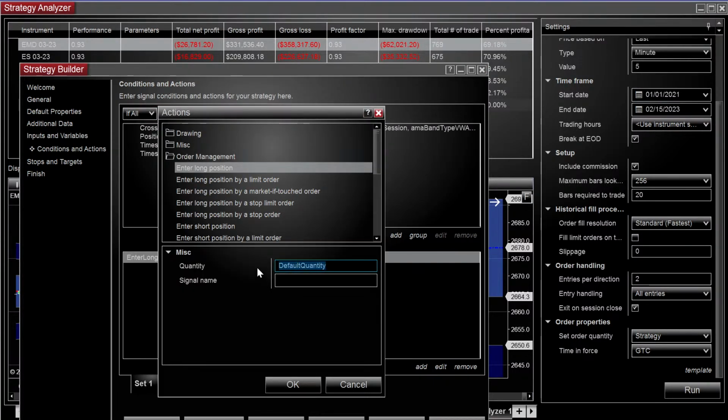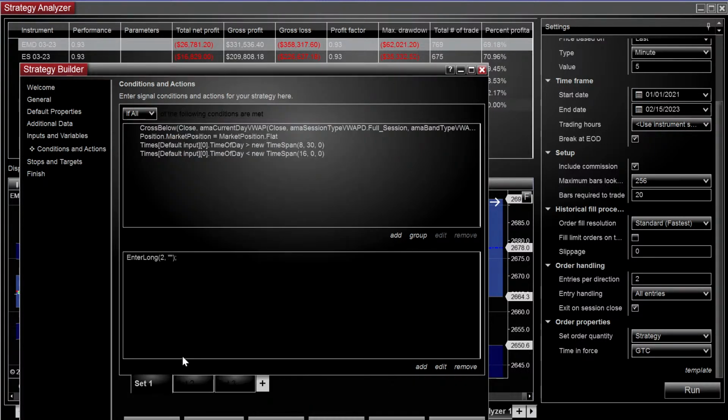So we're just adding some fat tail potential here. We enter long, exit one contract when we cross above the VWAP, and exit the rest when we cross back below it.